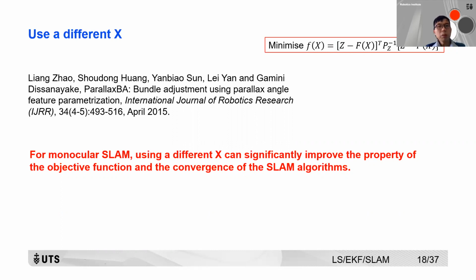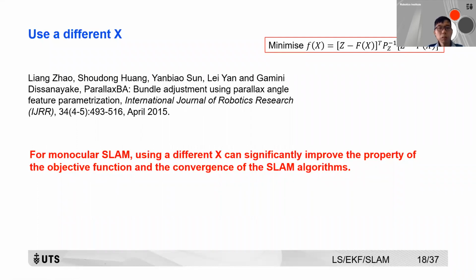So in summary, for this Parallax BA, we choose a different variable x. The variable to be estimated is x in the least square. We choose a different x, then we formulate the problem and get a better problem to solve.